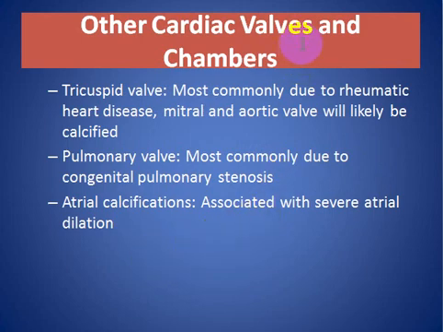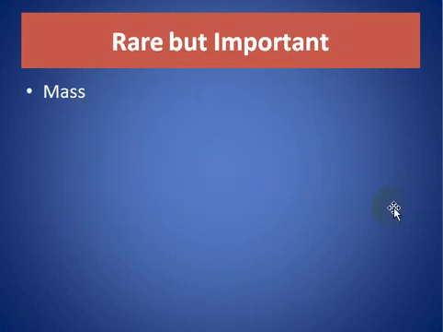Other cardiac valve calcification: the aortic valve calcification is most commonly due to rheumatic heart disease, where the mitral and aortic valves are likely to be calcified. Pulmonary valve calcification is most commonly due to congenital pulmonary stenosis. Arterial calcification is associated with severe arterial dilatation.